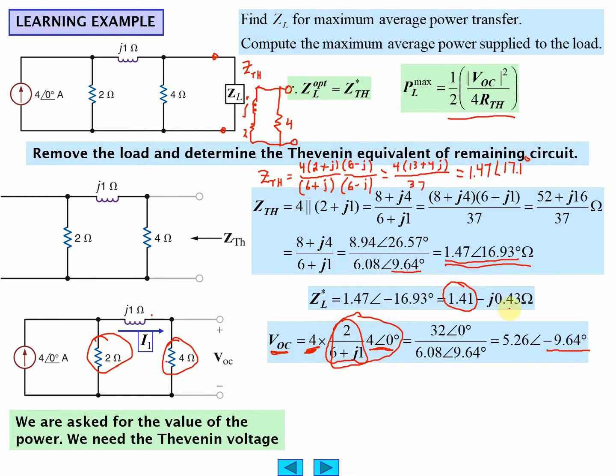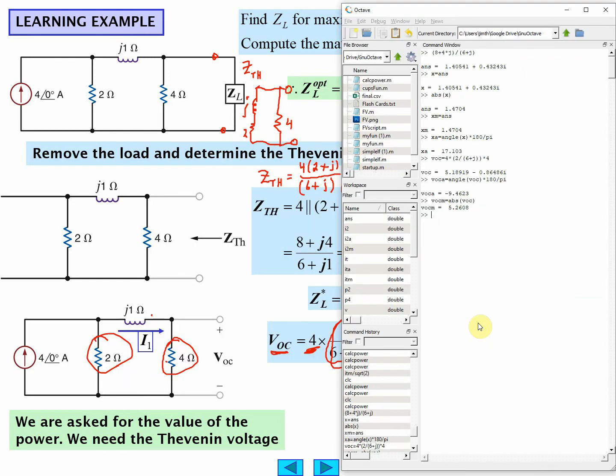Now it's plugging and chugging. It's taking VOC squared, the magnitude squared, divided by 8 times RTH.